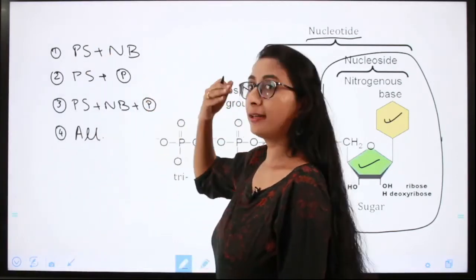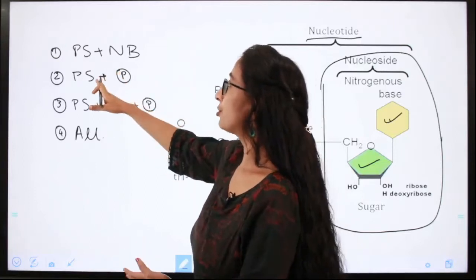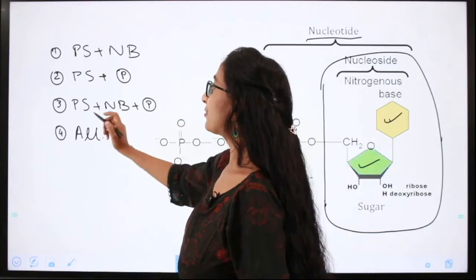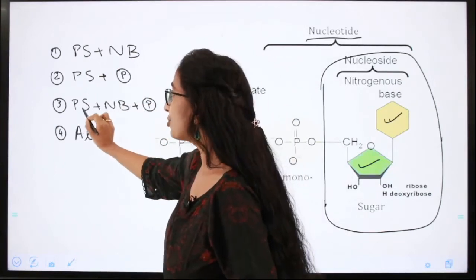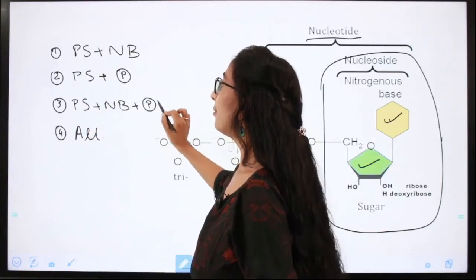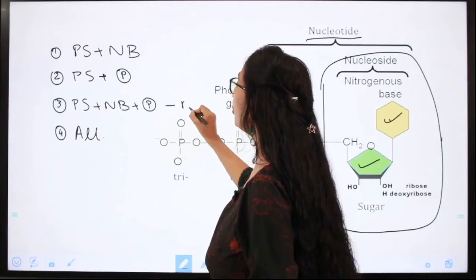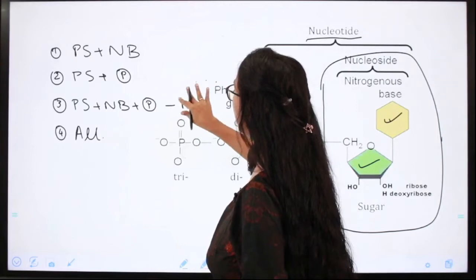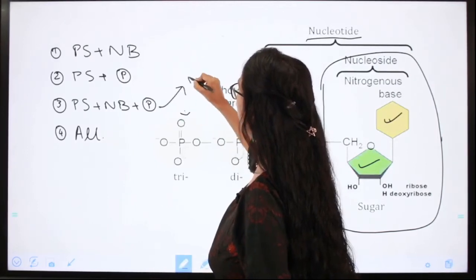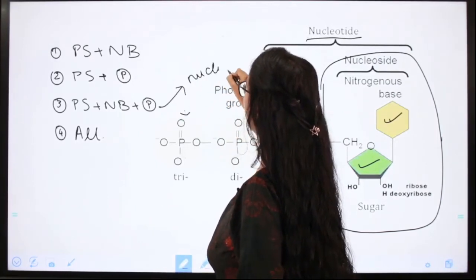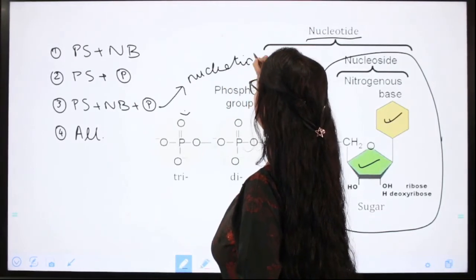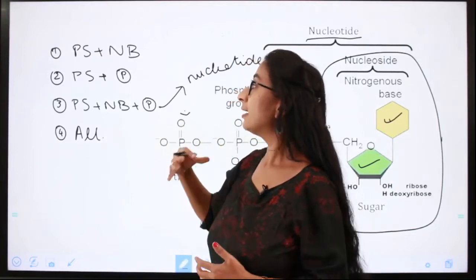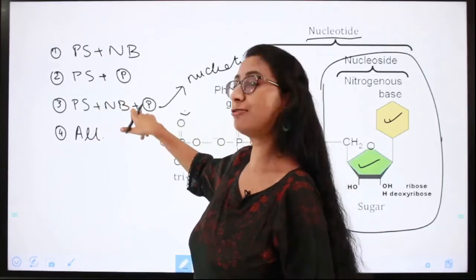So now you might get a confusion whether it is pentose sugar plus phosphate or pentose sugar plus nitrogenous base or all the three. So all these three, that is pentose sugar plus nitrogenous base plus phosphate group, is a nucleotide. It is a nucleotide. It is not a nucleoside. Okay, so if the question is which one is a nucleotide, then this will be the answer.